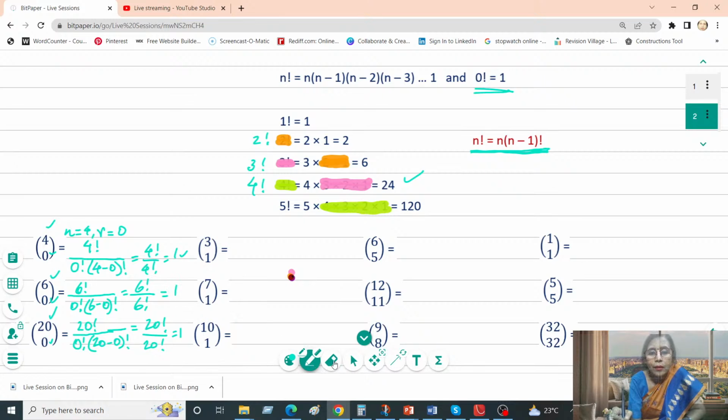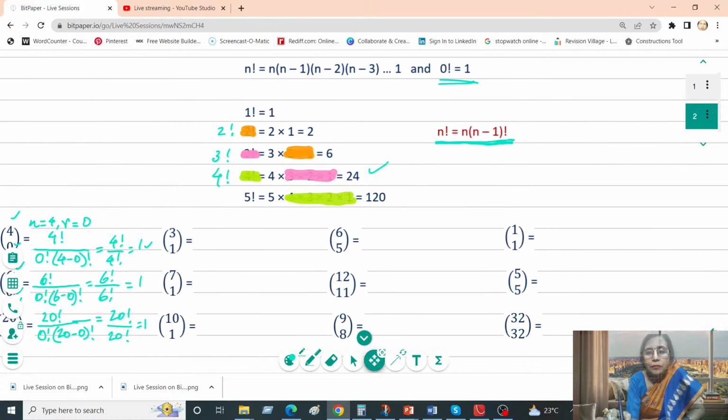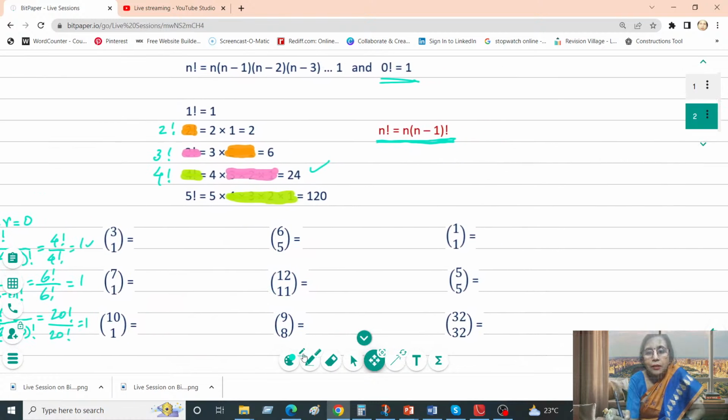Okay. So we come to the next part. Let us go directly to this part, and let us do this. 1C1. Over here n is equal to 1 and r is also equal to 1. 5C5. So the r value and the n value, they are the same.